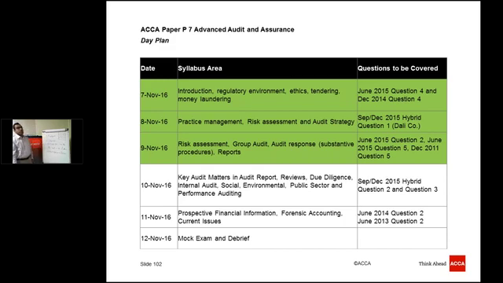Now, what happens with emphasis of matter paragraphs and other matter paragraphs? Well, they are basically a modification of the audit report, but not a modification of the audit opinion. So wherever you are giving an emphasis of matter paragraph, which is to say that you are emphasizing a certain matter within the financial statements, or an other matter paragraph, that is to say, other general information.